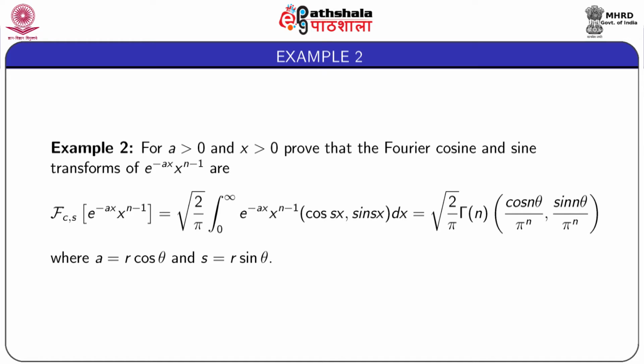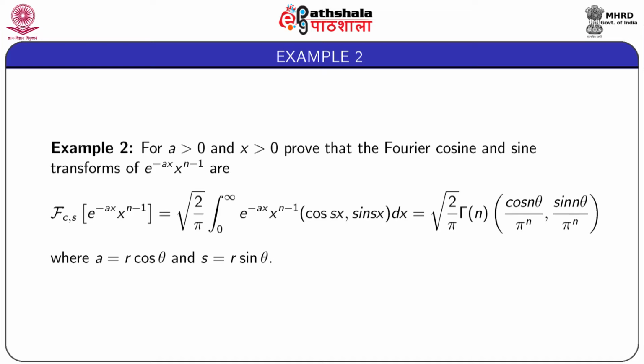Next we come to example 2. For a positive and x positive, prove that the Fourier cosine and sine transforms of e to the power minus ax into x to the power n minus 1, which we write together as curl F of cs of the function e to the power minus ax into x to the power n minus 1, where curl F_c is the Fourier cosine transform and curl F_s is the Fourier sine transform.